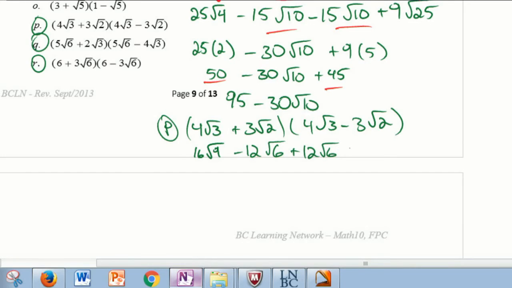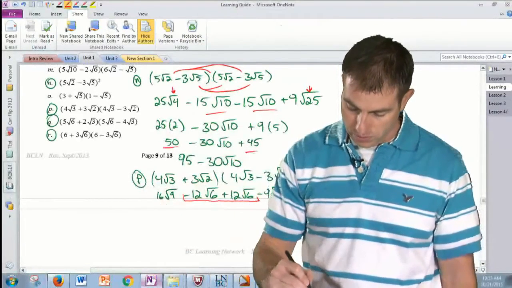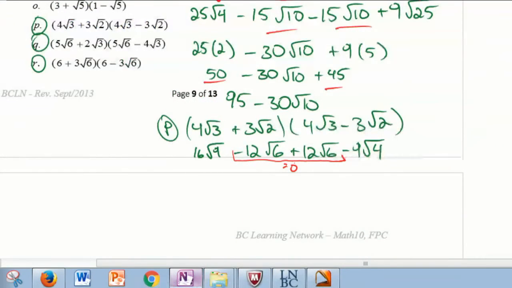And then the last two, negative 9 root 4. An interesting thing that happens here is my middle two terms are the same, but they have opposite signs. So 12 minus 12 is going to just give me 0. It's kind of like you have 12, you take 12 away, there's just none left. So those go to 0, and I'm not even going to write those.